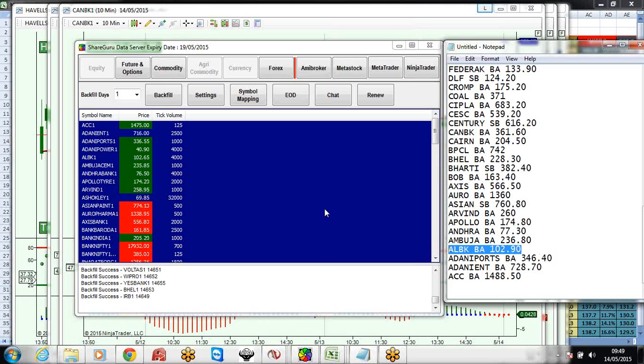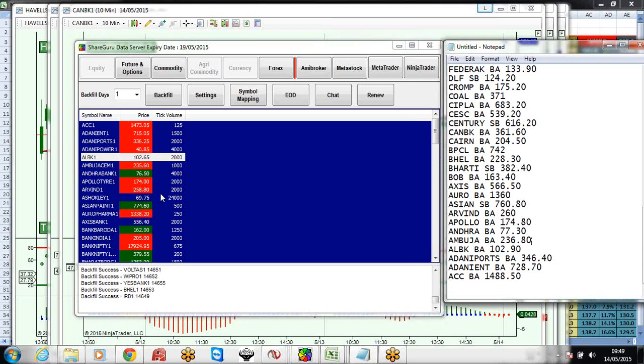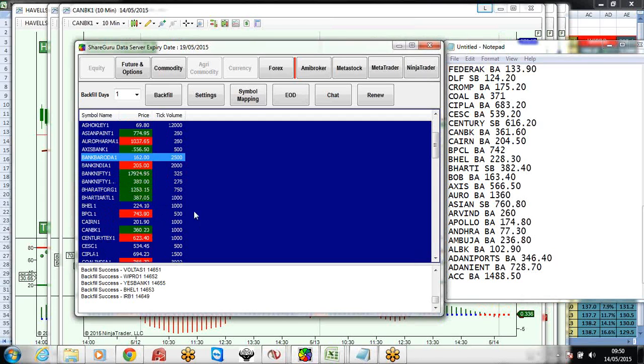Allahabad Bank, the entry is 102.90. Now it is at 102.65. Century Textiles, our entry was 616.